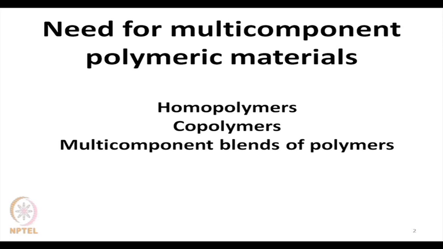That means, the properties of the two monomers can be developed in a copolymer. Similarly, when people could not be further satisfied with either homopolymer or copolymer, then people thought about multi-component blends of polymers. That means, more than one polymer are mixed together.